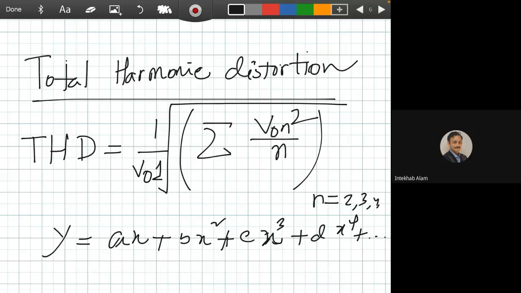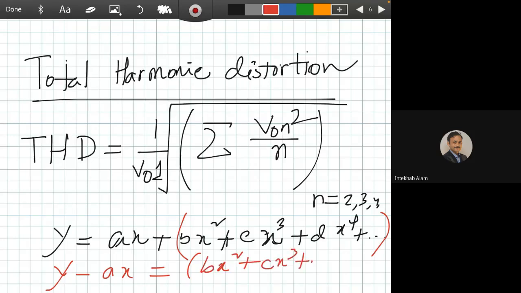If we want to know the value of this one, y minus ax will give the value of bx square plus cx cube plus dx to the power 4 plus so on. Is it okay with you?